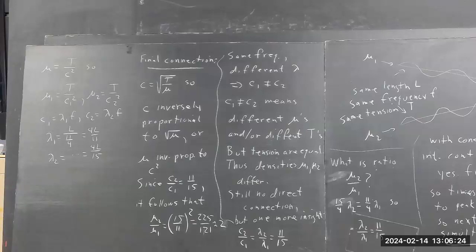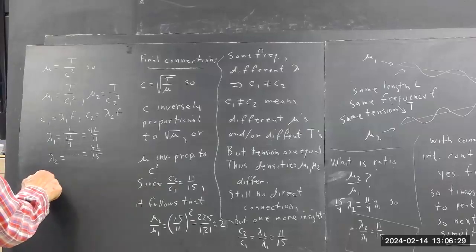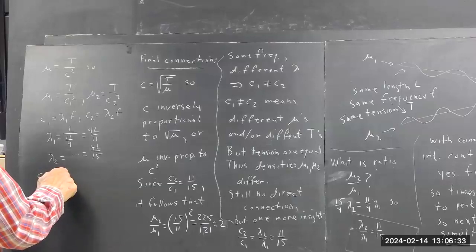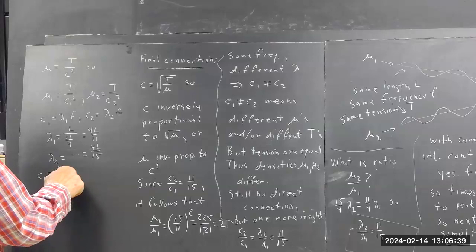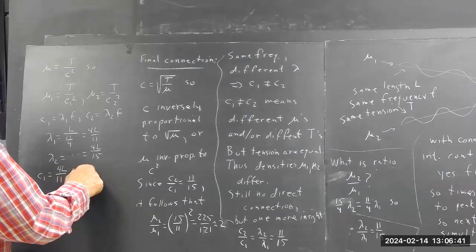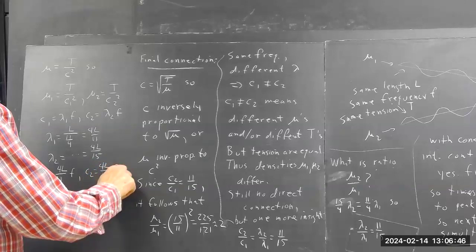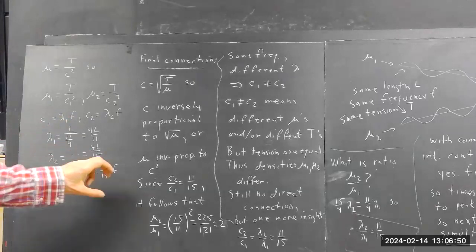throughout. So that now C1 equals this, C2 equals this. Just use lambda 1 and lambda 2.